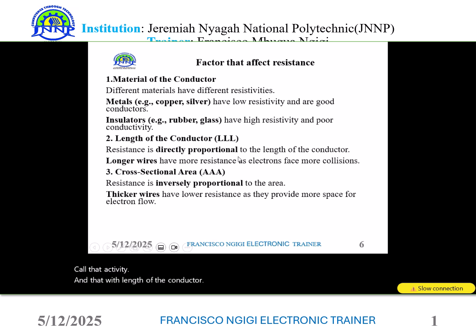Resistance is directly proportional to the length of the conductor. Longer wires have more resistance as electrons face more collisions. Number 3, the cross-sectional area. Resistance is inversely proportional to the area. Thicker wires have lower resistance as they provide more space for electron flow.